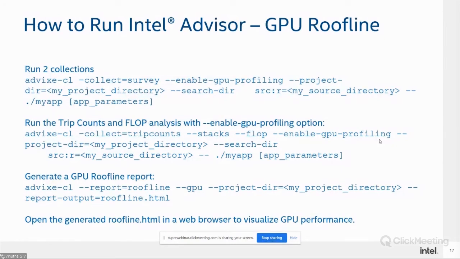I hope I'm clear. So just to summarize again what GPU roofline analysis is for: this is to understand the performance of your compute kernels or the loops of a GPU application which is running on a target GPU, with respect to the hardware limitations.